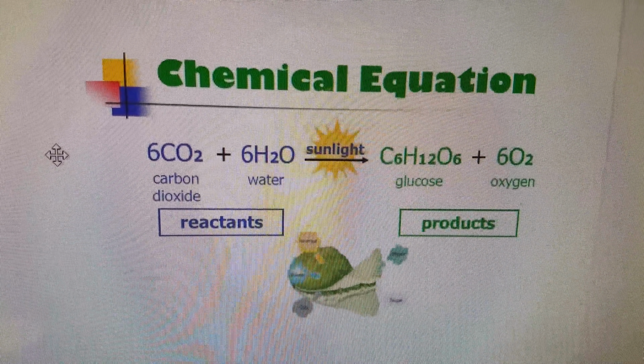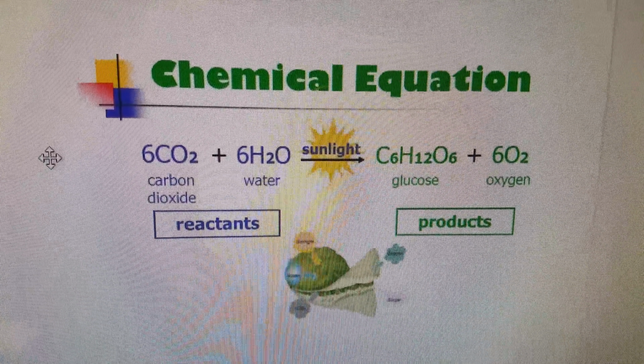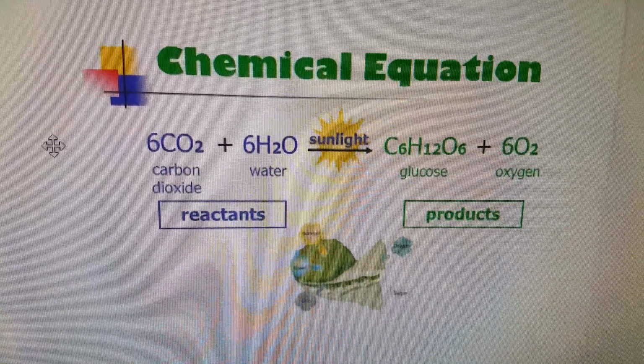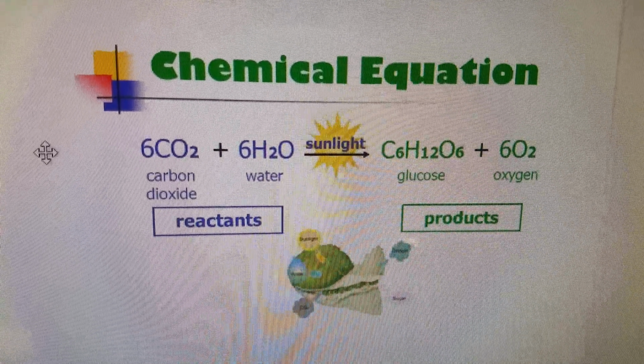Okay, so this is the equation for photosynthesis.